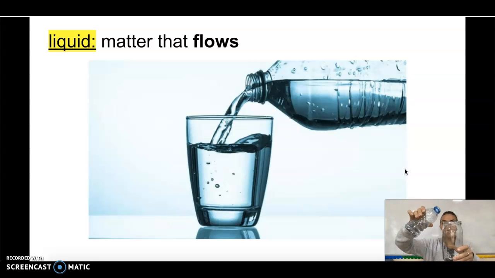But, boys and girls, if I pour this liquid into this container, is it the same shape? No, now it is the shape of this container. Is it the same size? It is the same size because I did not add any liquid or take any away. So a liquid keeps its size, but not its shape.